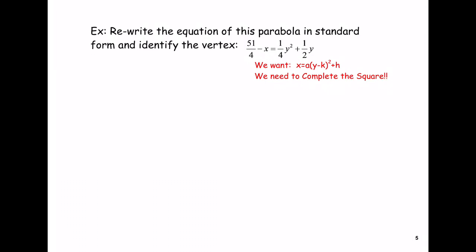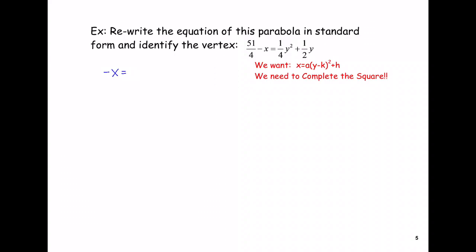The next example says rewrite the equation of this parabola in standard form and identify the vertex: 51 over 4 minus x equals 1/4 y squared plus 1/2 y. All these fractions look a little bit intimidating, but I promise everything's going to be all right. The first thing we need to do is rearrange our equation so that we get our x by itself.